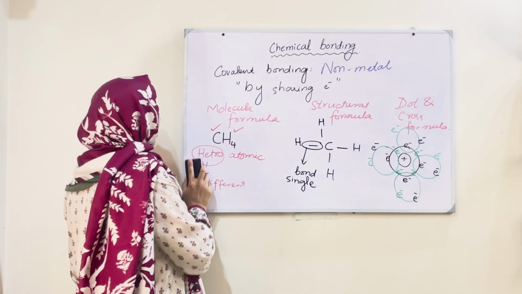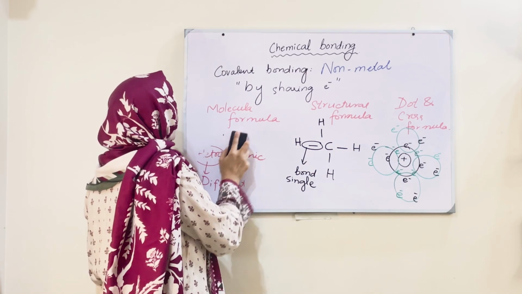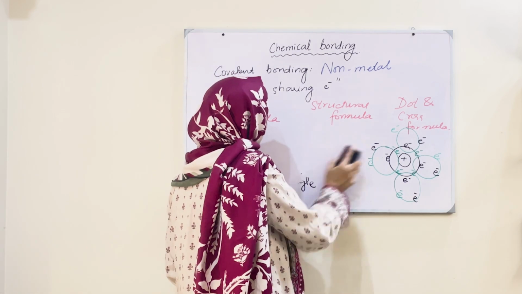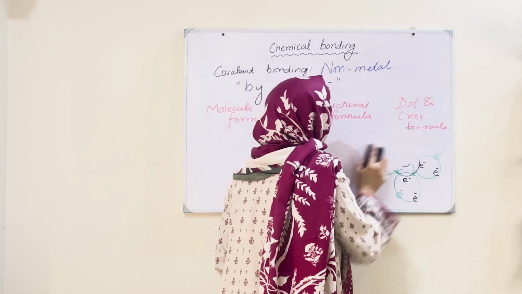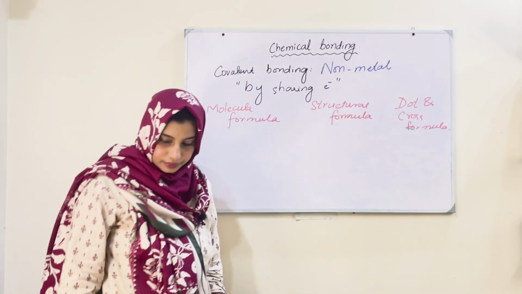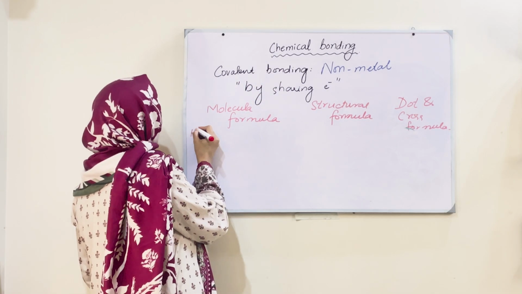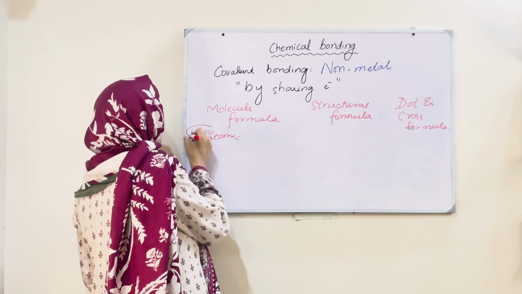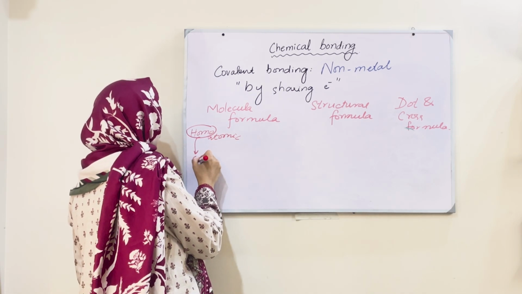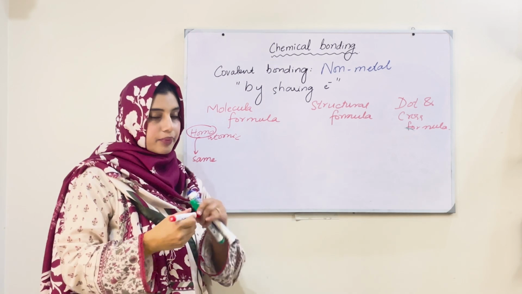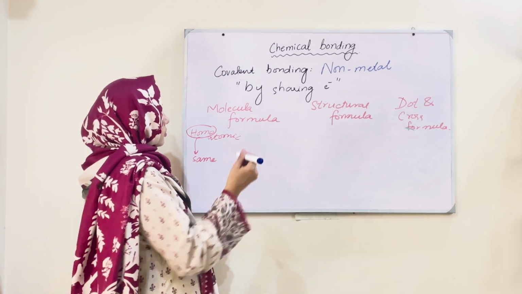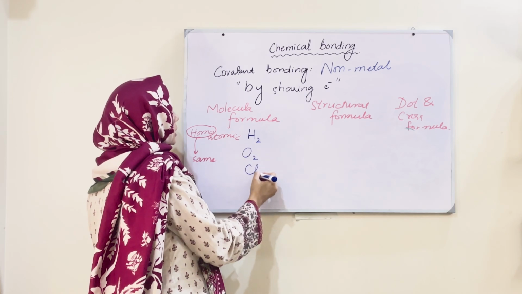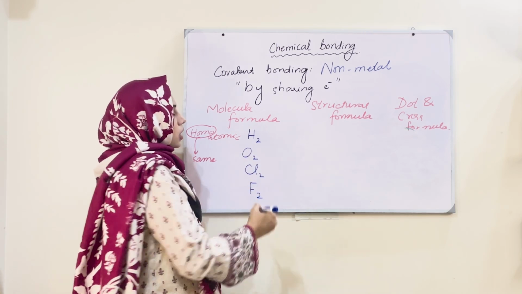Now let's discuss examples of homoatomic molecules. Homo means same. That means the elements will be the same, like the molecular formulas H2, O2, Cl2, F2 and so on.